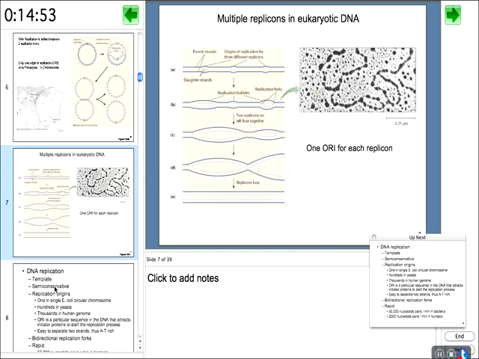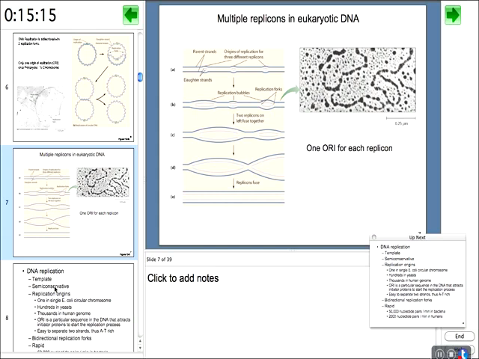Now, in a eukaryote, you have multiple ORIs on each chromosome. It's not surprising that each individual linear chromosome is going to have its own ORI, because replication has to start on every chromosome.